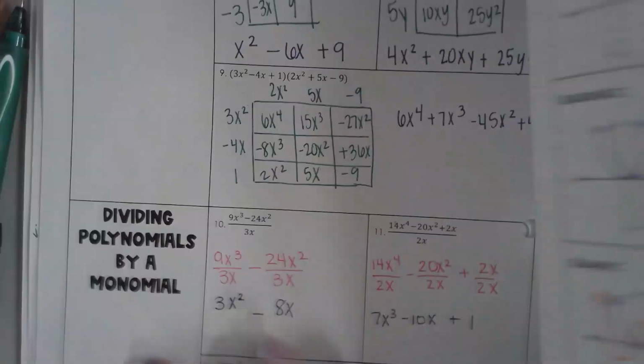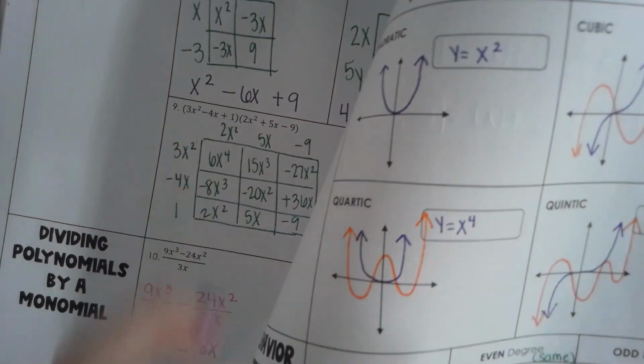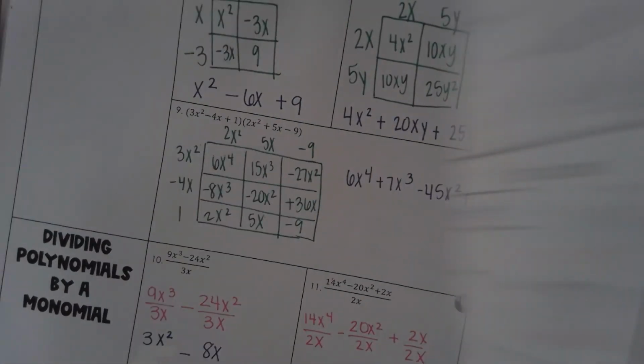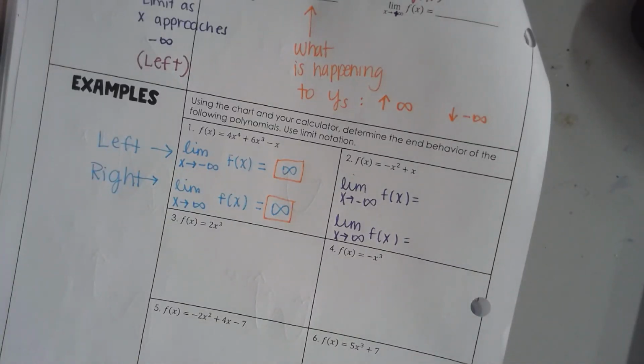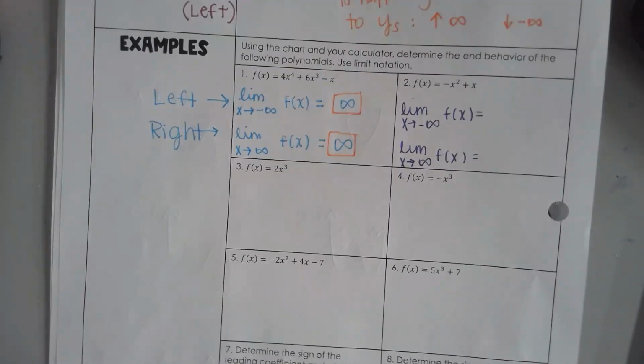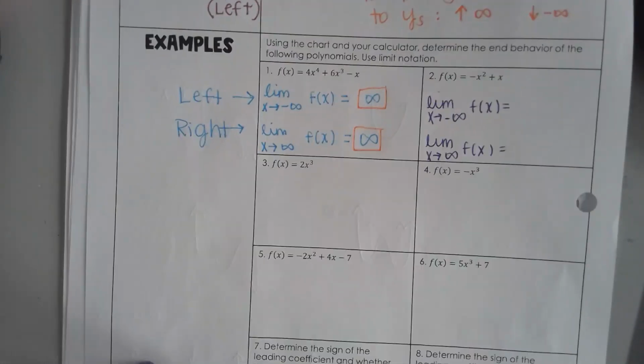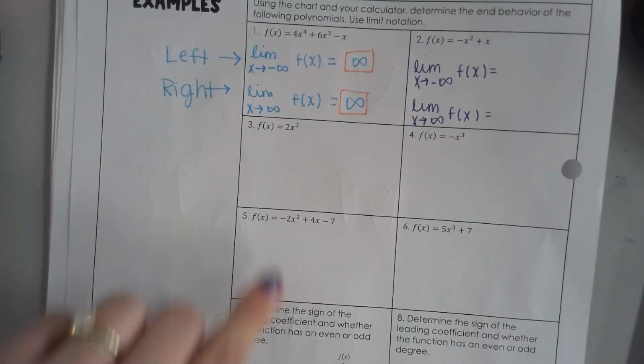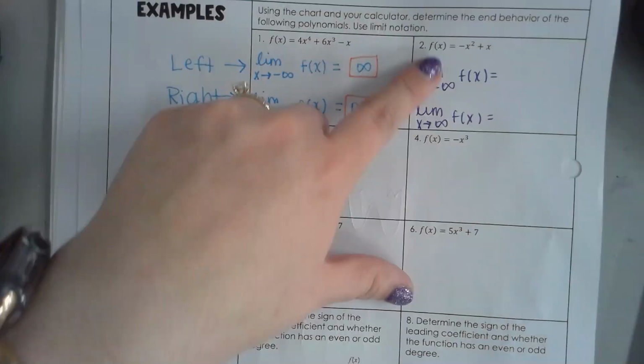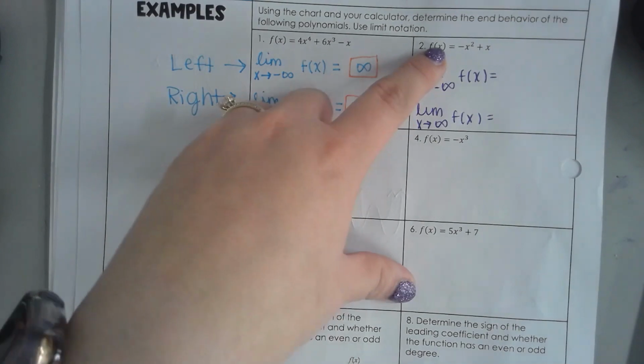So if I look here, even and negative, both arrows are pointing down. Even degree and negative leading coefficient tell me they're both going to point down.